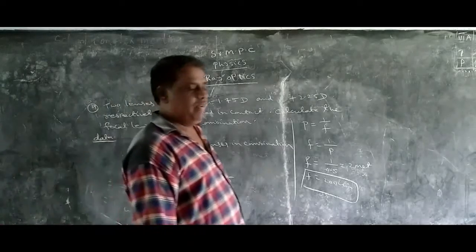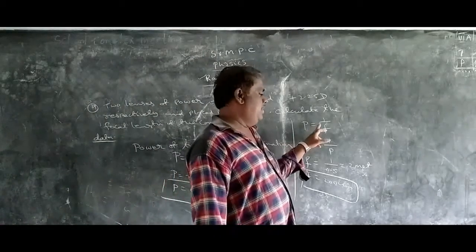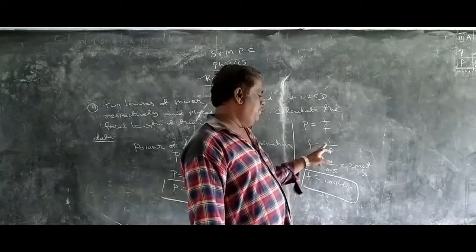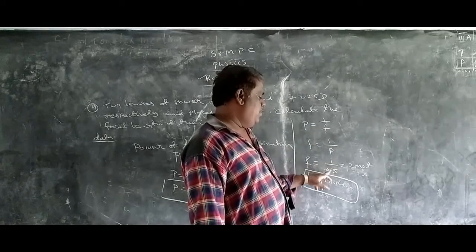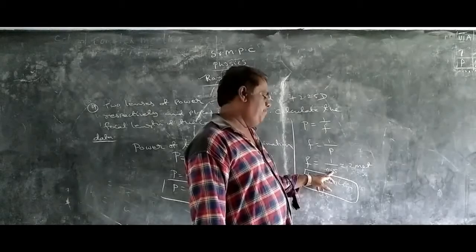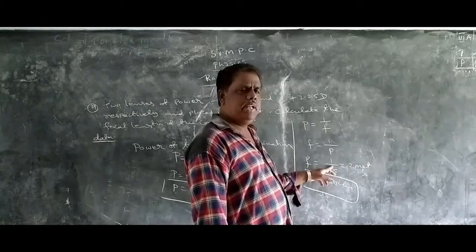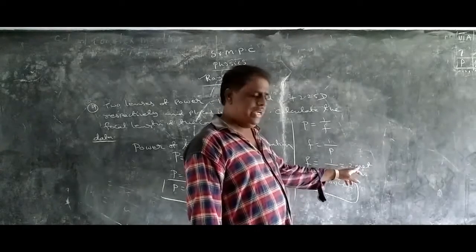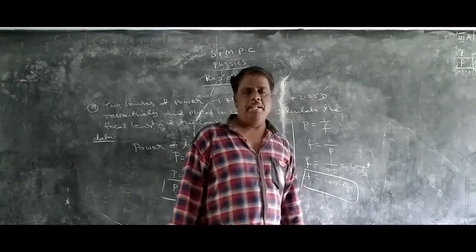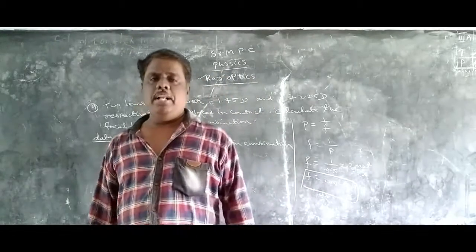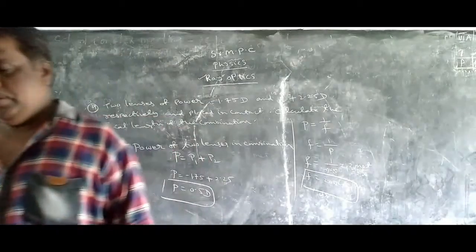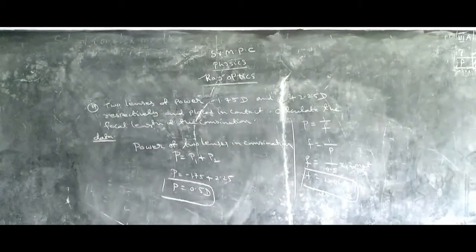We know power is the reciprocal of the focal length, so focal length is 1 by P, that is 1 by 0.5, which is 2 meter or 200 centimeter. This is the combined focal length of the two lenses.